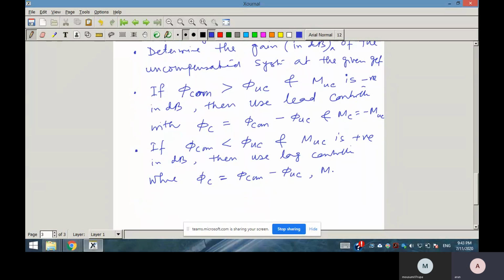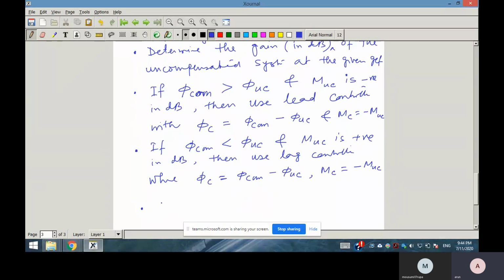And MC will be minus MUC; since MUC is now positive, MC will be negative. So in the case of a lag controller, MC is negative and phi C is also negative. If this is the condition, then a lag controller is needed.